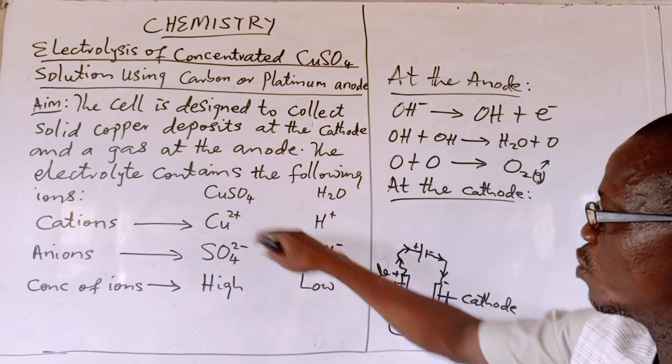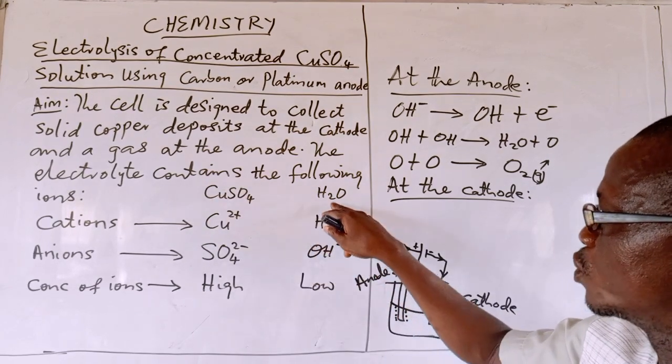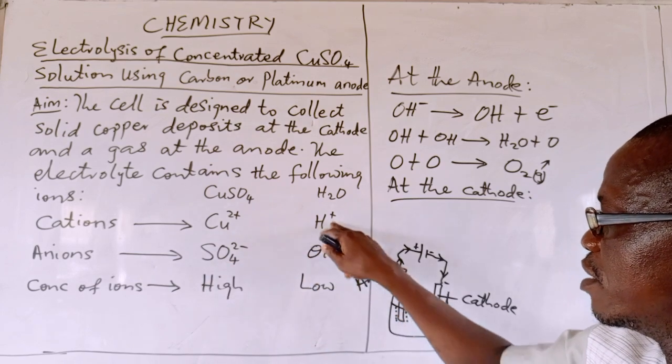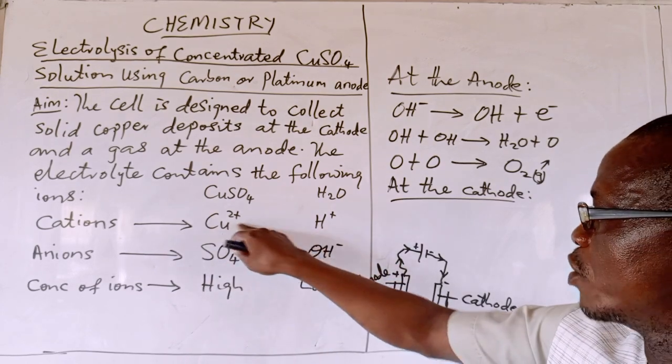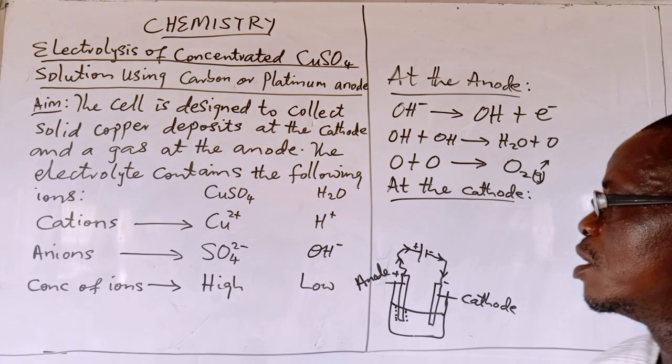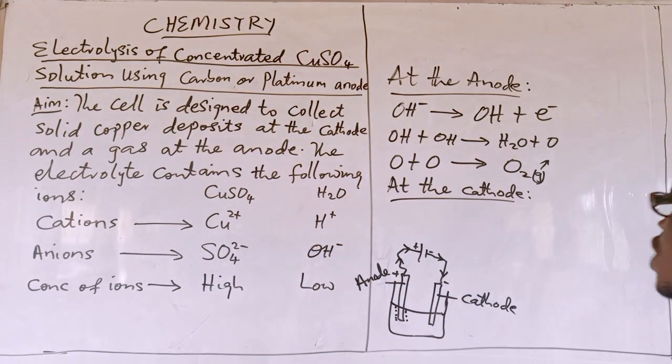So if this is more in the solution than this, that means this is also more than this and this. So now we are considering this and this. This is of higher concentration than this, so it is going to be the one that will be discharged.